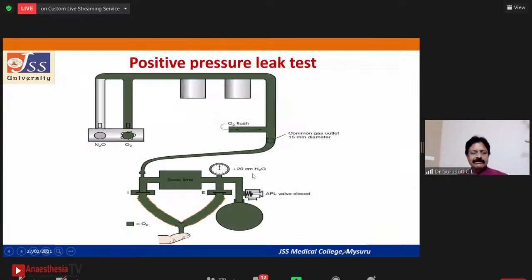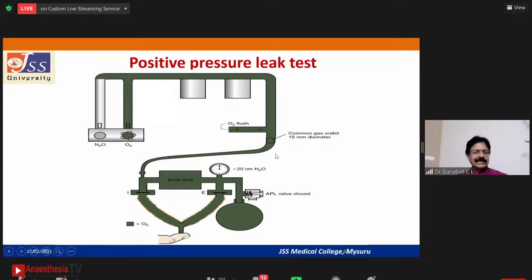So you can do a high pressure, a positive pressure leak test. What you can do is close the Y piece, and then activate the flush. I was telling you that one of the uses of the flush is to check for the positive pressure leak test. So you maintain a pressure of around plus 20 or 30 centimeters, and this pressure should sustain for about 10 seconds.